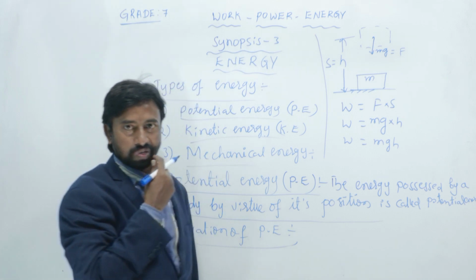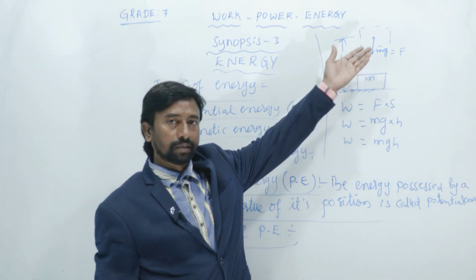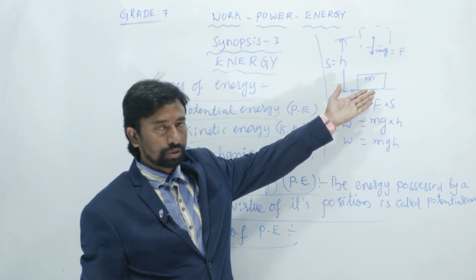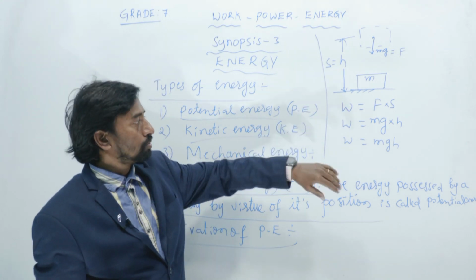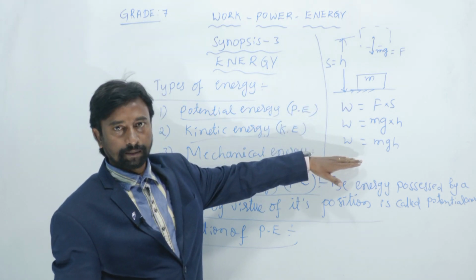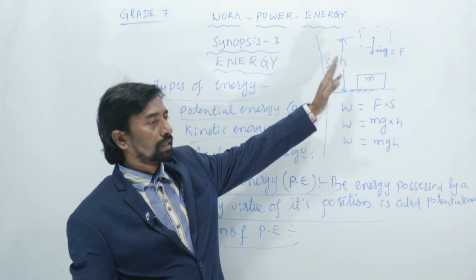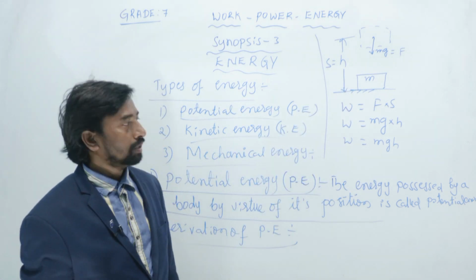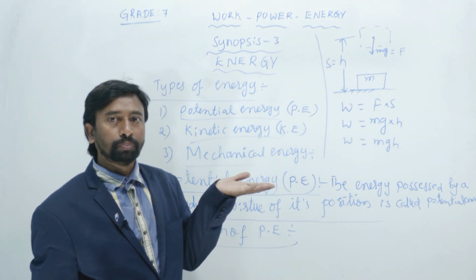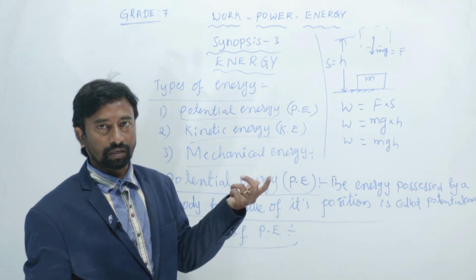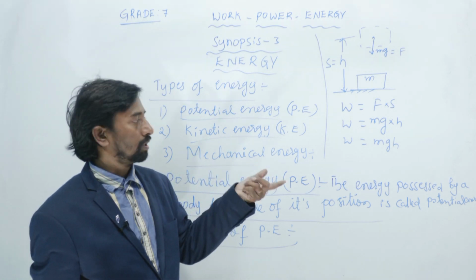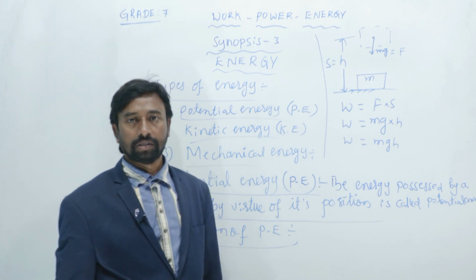Whenever the position of the body is changed, we have to do certain work. That work done is stored in the form of energy in the body. That energy possessed by changing its state or position is called the potential energy.